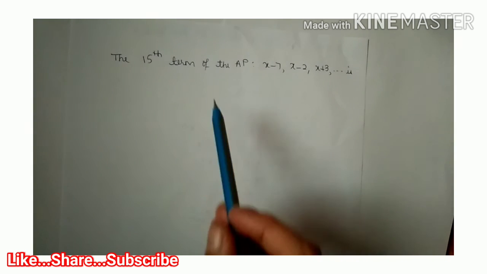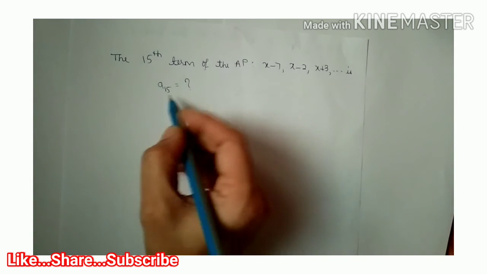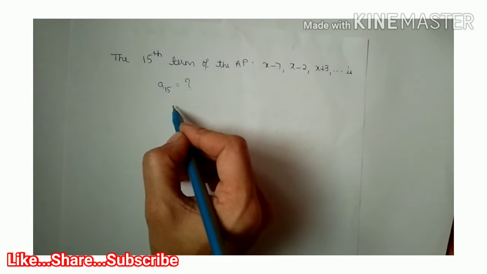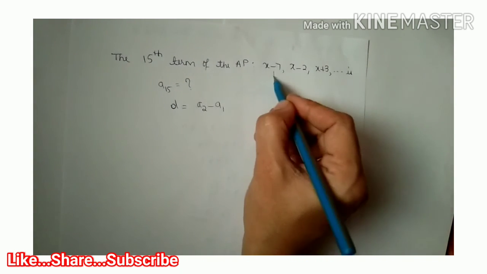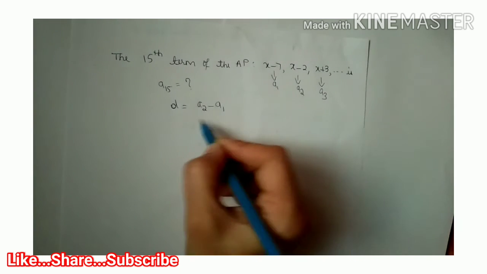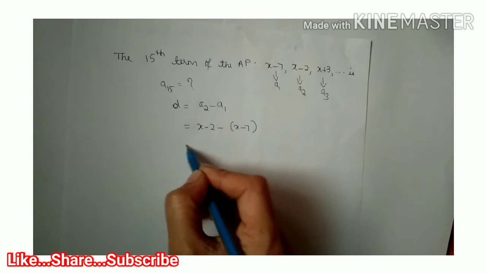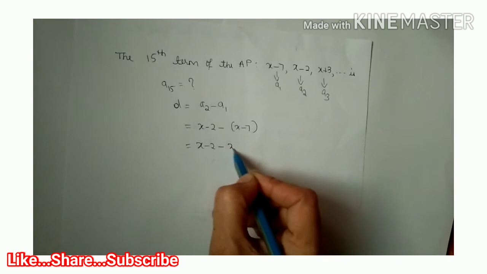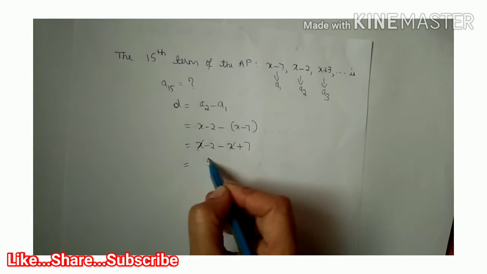The 15th term of the AP x minus 7, x minus 2, x plus 3 is. Here we need to find a15. Let us first find the common difference. d is equal to a2 minus a1. With a1, a2, a3 as given, a2 minus a1 is x minus 2 minus (x minus 7), which is x minus 2 minus x plus 7, that is plus 5.